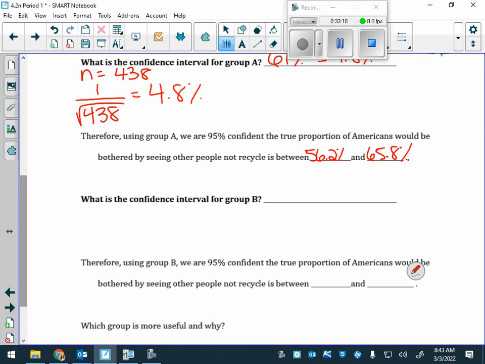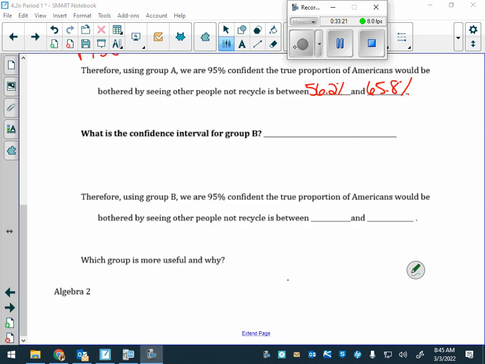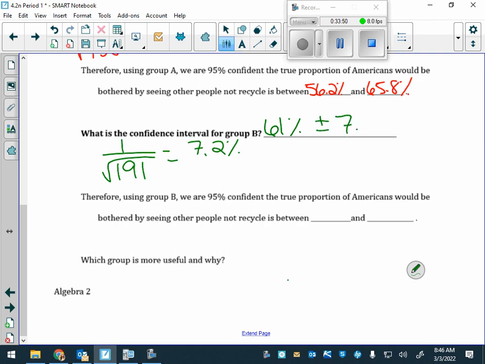The margin of error for Group B. Good. So it was 1 over square root of 191, which gave you 7.2%. So what is my interval? 61% plus or minus 7.2.